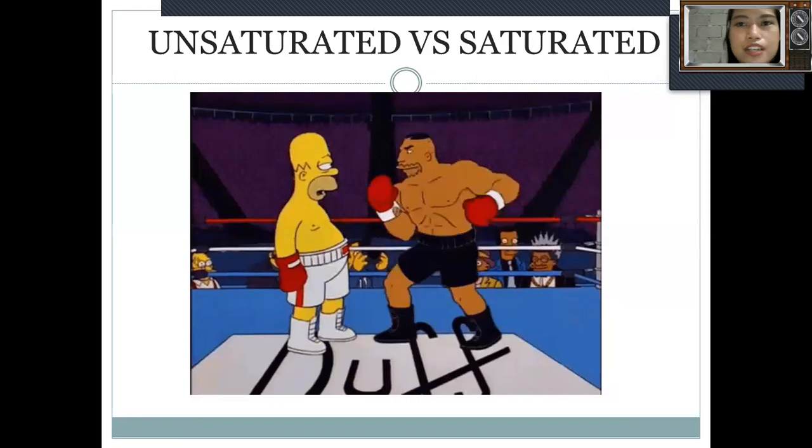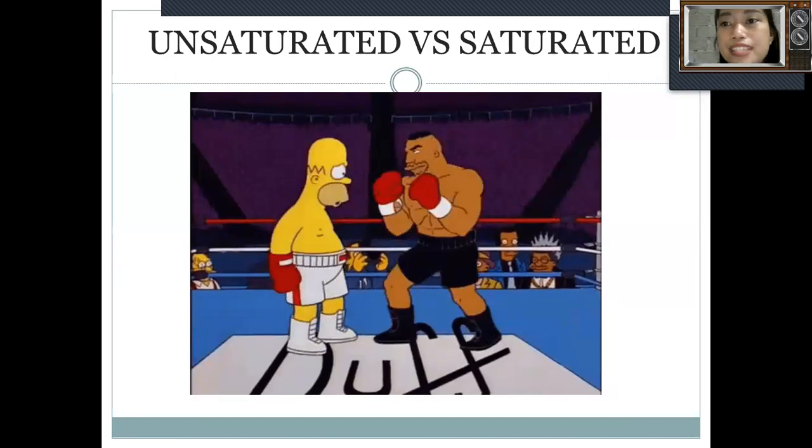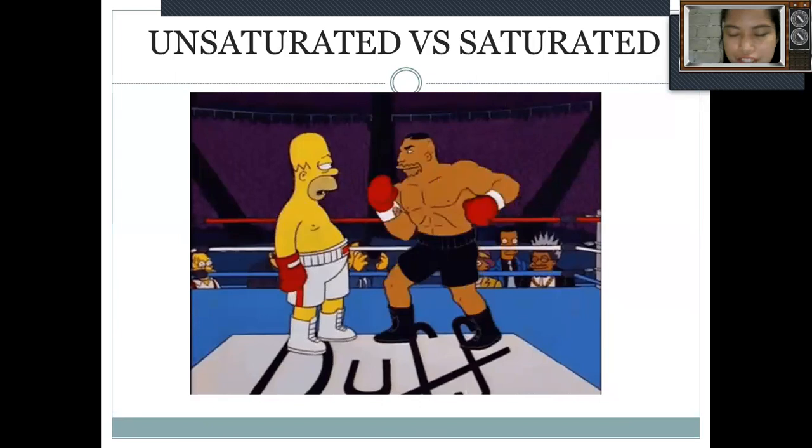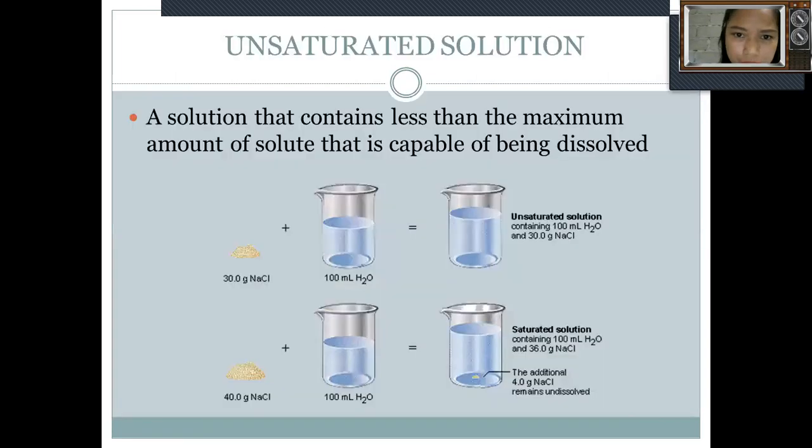Unsaturated versus saturated solution. An unsaturated solution is a solution that contains less than the maximum amount of solute that is capable of being dissolved. So here is a picture of 30 grams of sodium chloride.